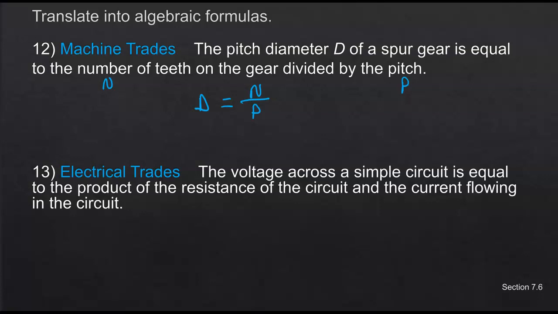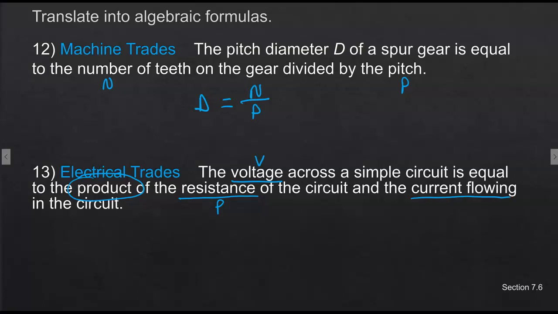Number 13, the voltage across a simple circuit is equal to the product of the resistance of the circuit and the current flowing in the circuit. So we've got the voltage, which we'll just call V, across a simple circuit is equal to the product of the resistance, and product, remember, that means multiply, the resistance and the current flowing in the circuit.